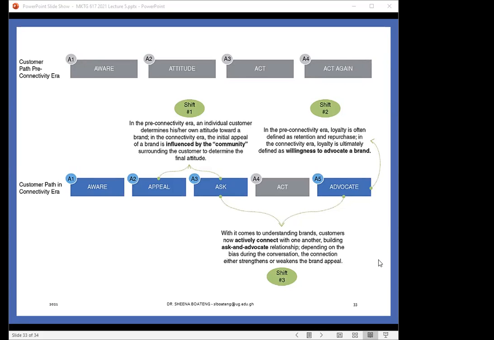The first one is in terms of the fact that in the pre-connectivity era, customers were able to determine their own attitude towards the brand, independently determining how they feel about the brand, whether they like it or not. But now, because of the power of internet technology and the various activities that take place at the appeal and ask phase, customers' attitudes towards brands are now influenced by the community surrounding the customer, right?